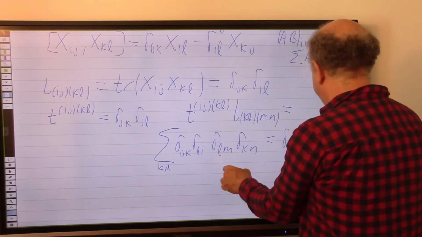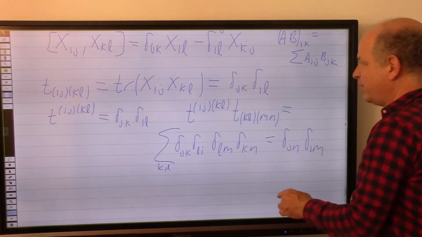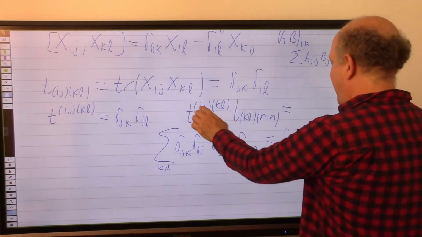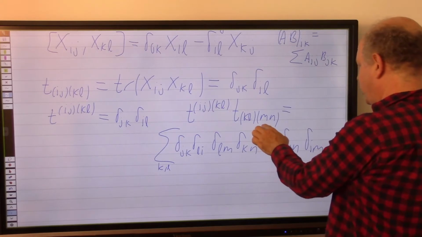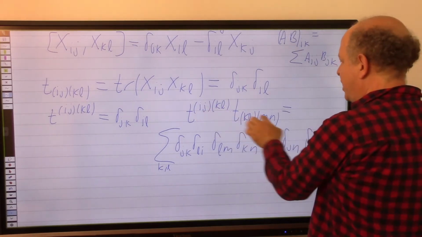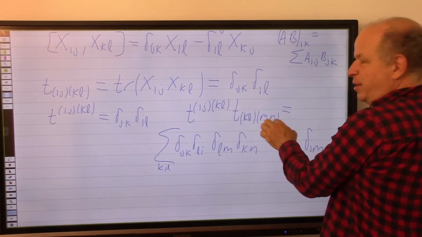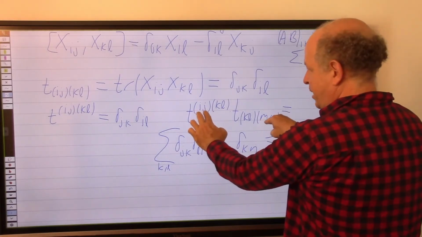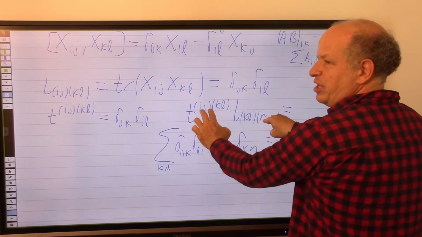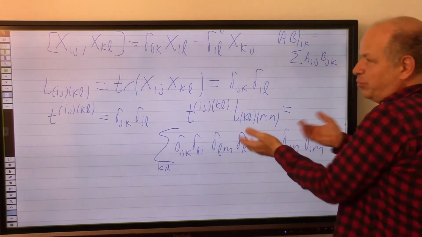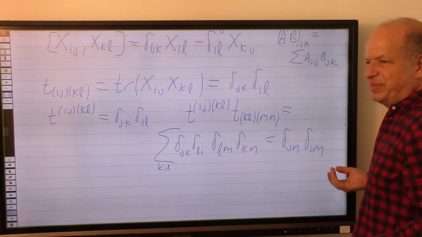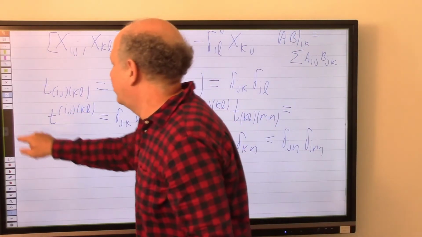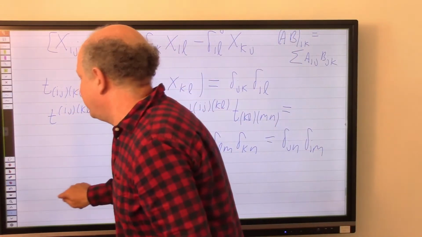So we got that I has to be equal to M, and J has to be equal to N, but that means that this pair index must be equal to this pair index, which amounts to saying that we got the identity matrix. Okay? Good. So we found, okay, good.